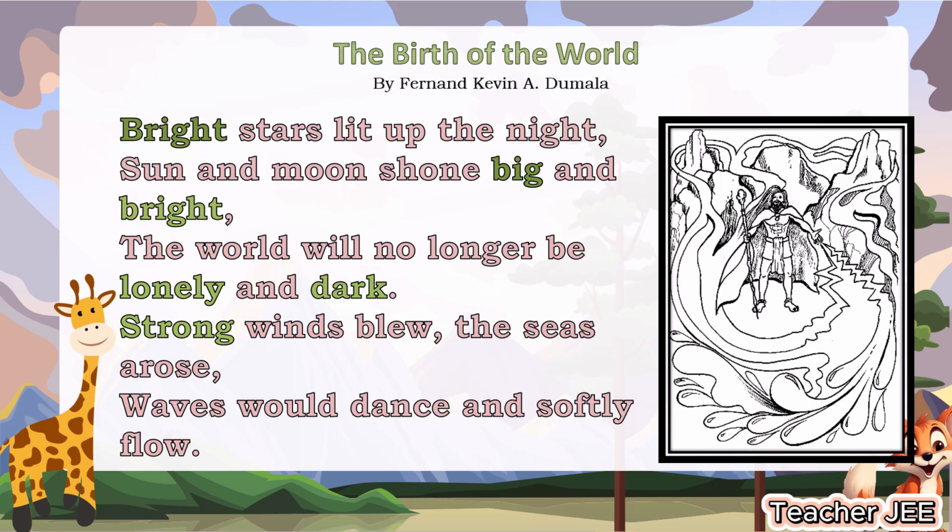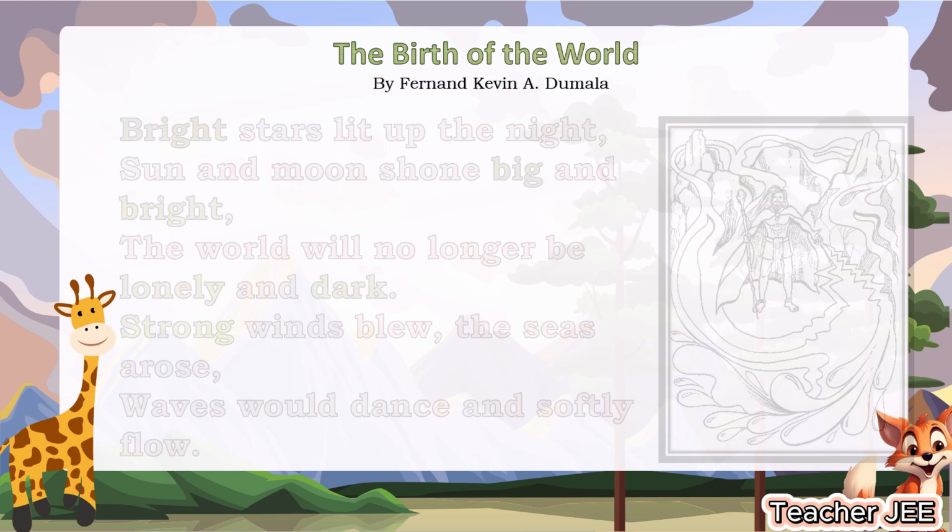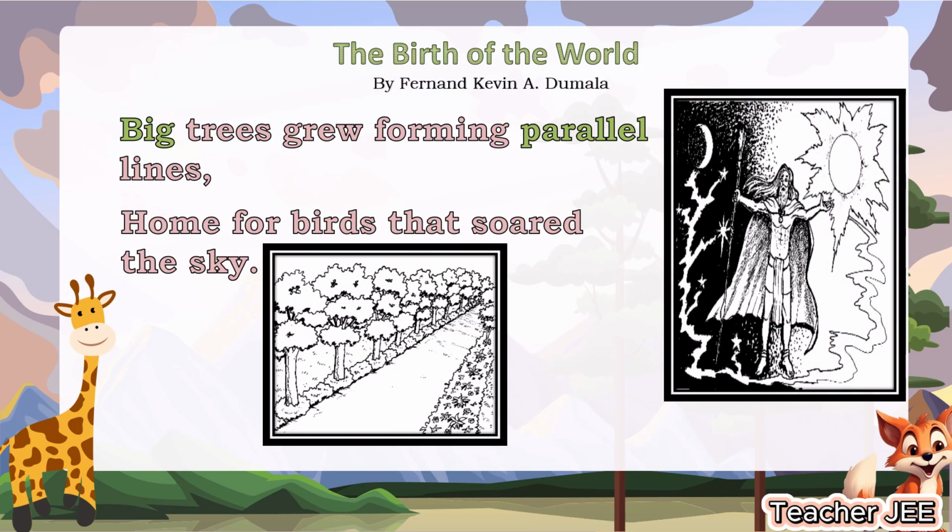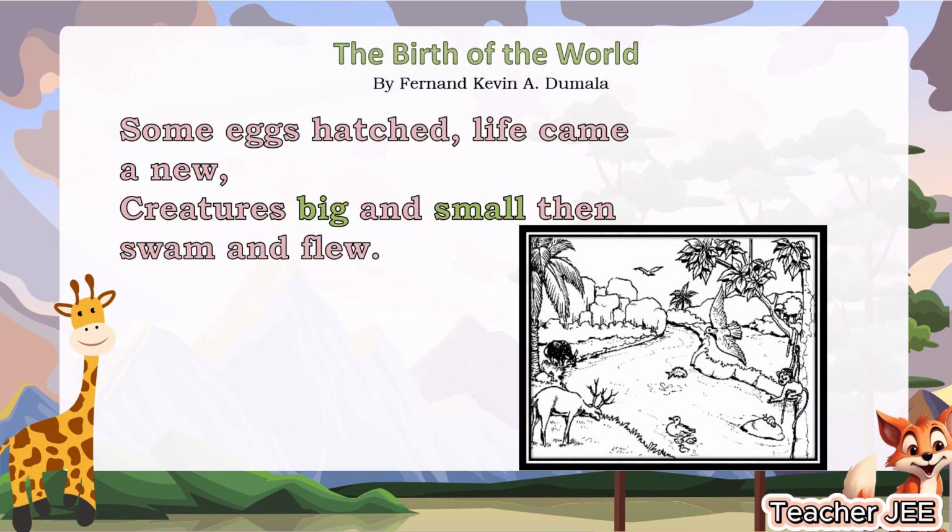Strong winds blew the seas around us. Waves would dance and softly flow. Big trees grew, forming parallel lines, home for birds that soared the sky. Some eggs hatched, life came anew. Creatures big and small then swam and flew.